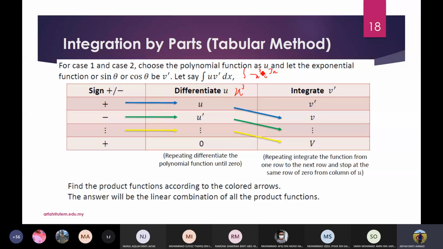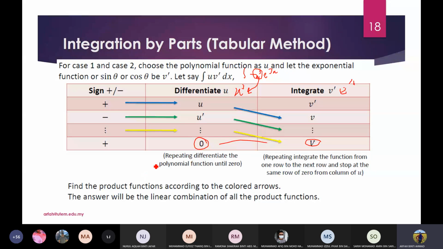Okay. So x kuasa 3 ni kita letak dekat u dan awak differentiate x kuasa 3 sampai dapat kosong. Then you stop the differentiation. Okay. So untuk exponential 3x, awak integrate sampai dekat sini. Sampai bila dah kosong, awak stop. Then dapatkan apakah dia punya integration up until here.